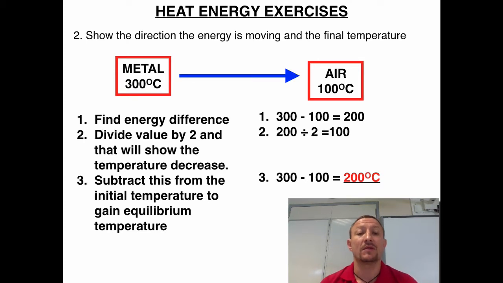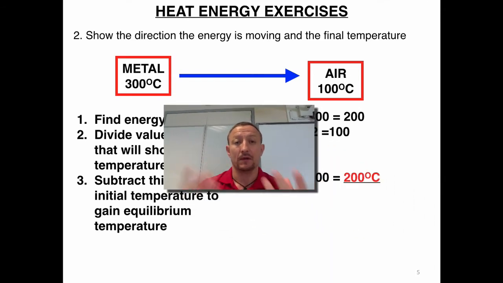So then what I'm going to do is take 100 degrees C away from the metal, and that leaves me 200 degrees C, which means that the metal and the air, when they reach equilibrium, if it's all enclosed and it can't get out anywhere else, will be 200 degrees C between the two. That is the point of equilibrium. I could also add the 100 to the air, which would also equal 200 degrees C, depending on how the question is written.